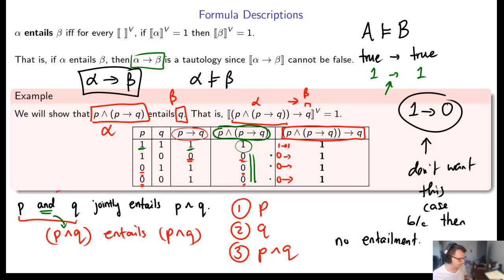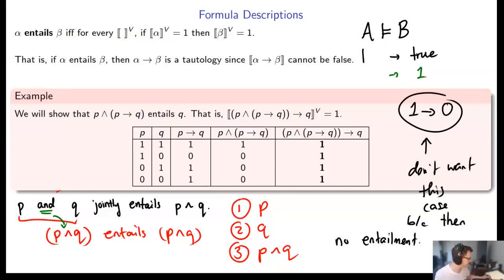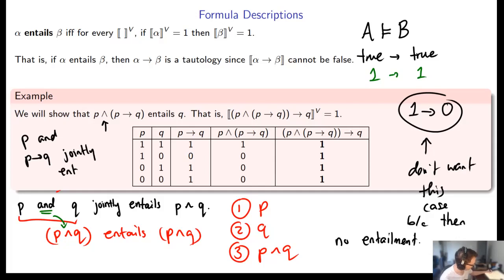As I get rid of all of these markings up here, and I put these ones back. When I use an and up here for P and P arrow Q entails Q, this easily could have been rewritten as P and P arrow Q jointly entail Q. That could have been written as that, and it has the same meaning.